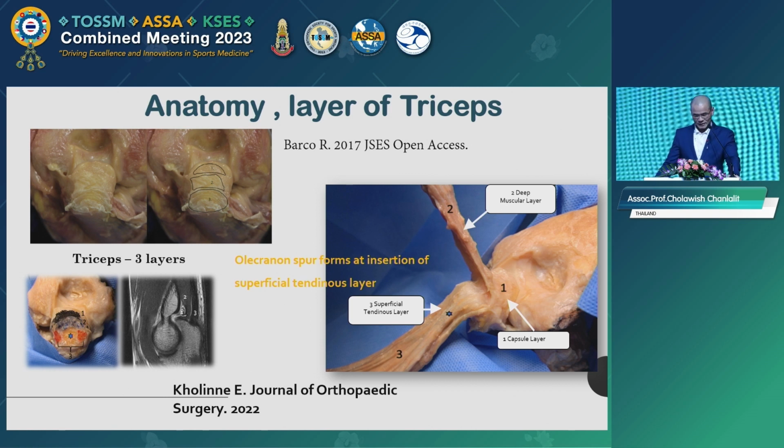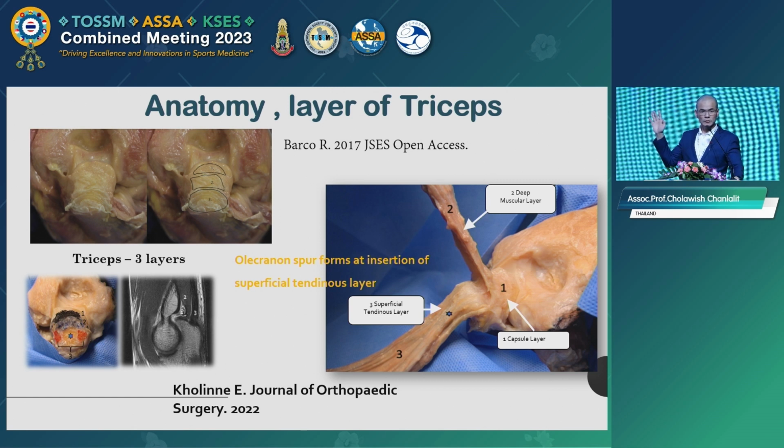So this paper is quite nice because it's easy and makes things quite clear. In the past, the anatomy of the triceps was quite complicated. The footprint of the triceps, especially in the superficial part, I mean the dorsal part of the triceps tendon, used to be described as this side shared from the medial head and that side shared from the lateral head.